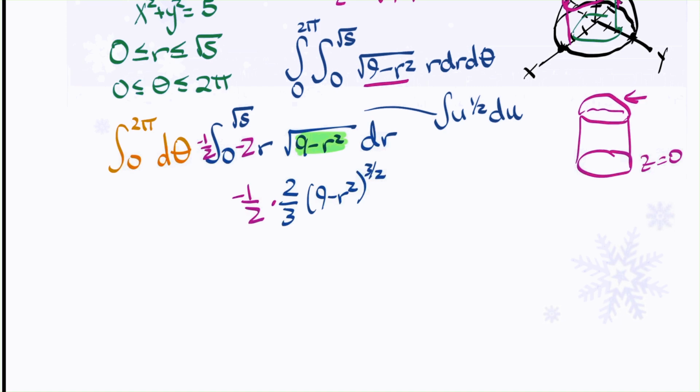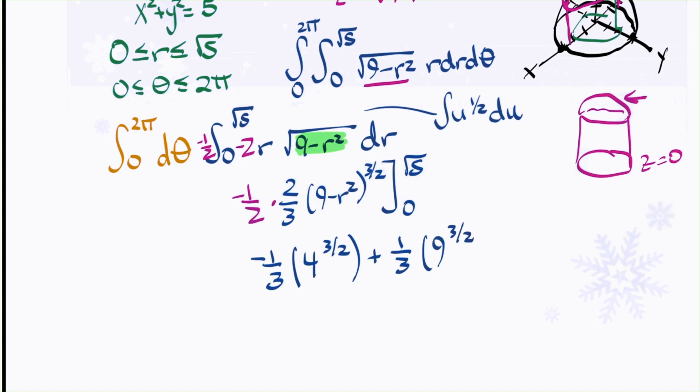So I have negative 1/2 times 2/3 because we need those powers to cancel if we were to differentiate. And then we are doing r from 0 to radical 5. So this is going to be super fun. Negative 1/3 because the 2's cancel. 9 minus 5 is 4, so it's 4 to the 3/2 power. And then it is plus 1/3 times 9 to the 3/2 power.